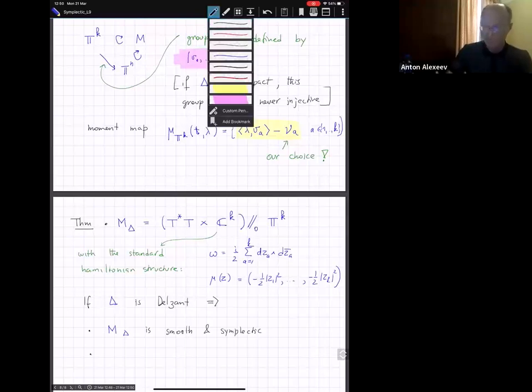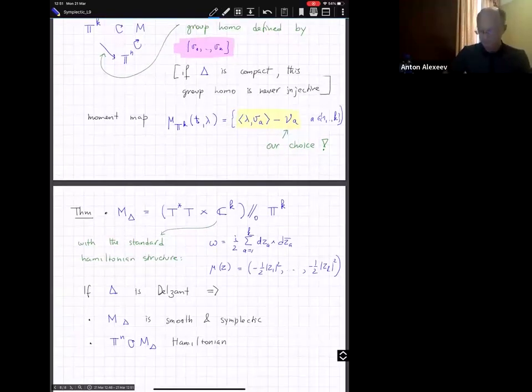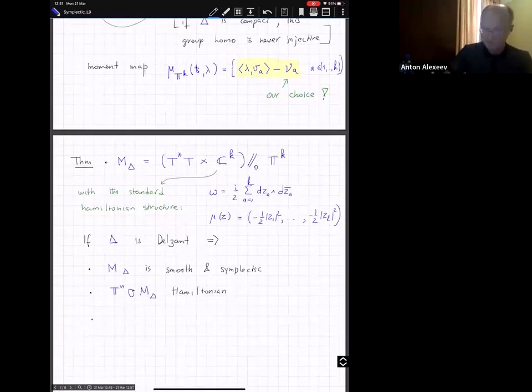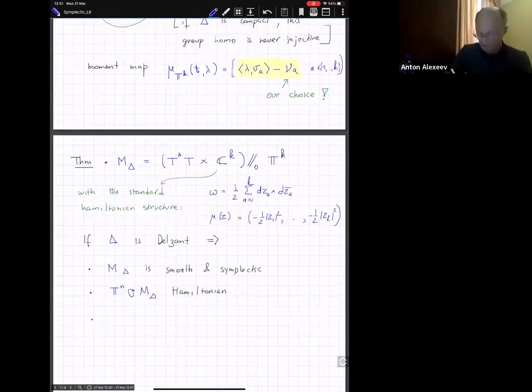So there is a Hamiltonian Tn action, and the image of the corresponding moment map is equal to delta.